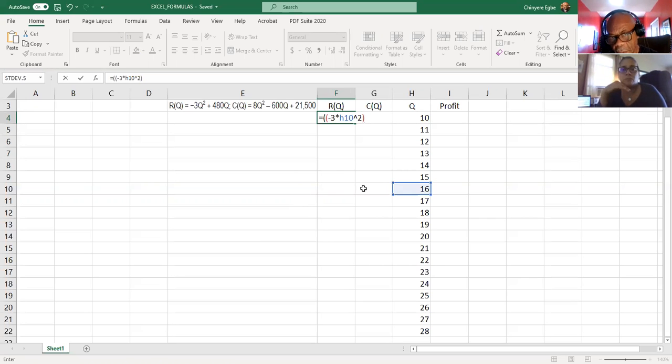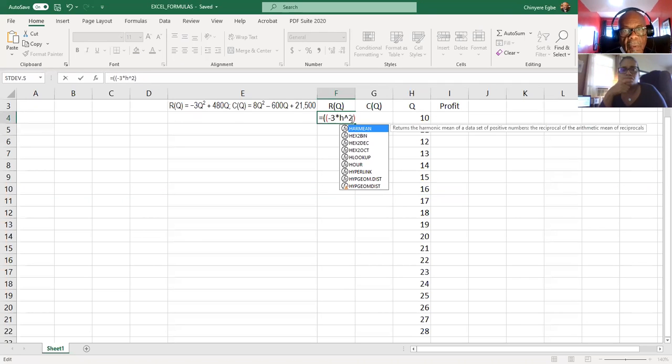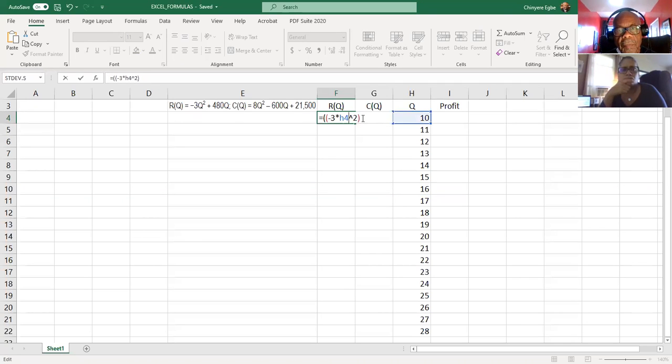Minus H10 to the power 2, because actually it's H4, not H10. H4 to the power 2, and then plus 480 times H4, okay?